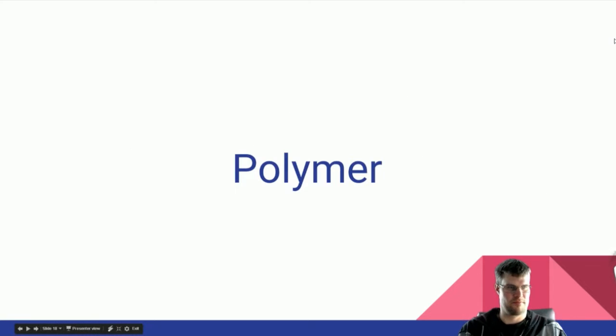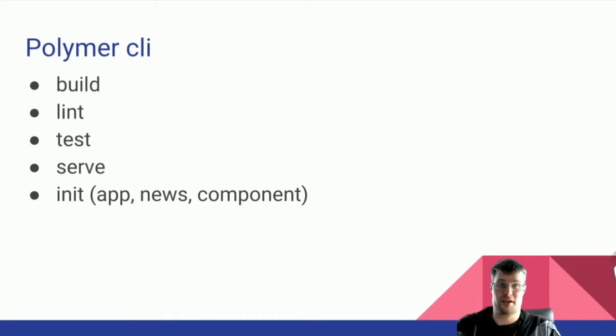So Polymer then. What is Polymer and how can we use it? First off, we're going to talk about the tooling. There's a very good tool called Polymer CLI that you can use to work with your Polymer project, and almost all of these tools could be downloaded separately and handled in a gulp project if you like, because all of these are separate tools, but the Polymer team has bundled them together in one tool to make it easy for you.